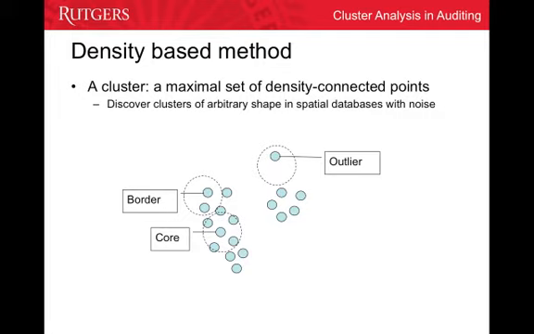A noise point is any point that is not a core point or a border point. Therefore, in DBSCAN, a cluster is a set of all core points whose neighborhoods transitively connect them together, along with some border points. Outliers will be discarded.